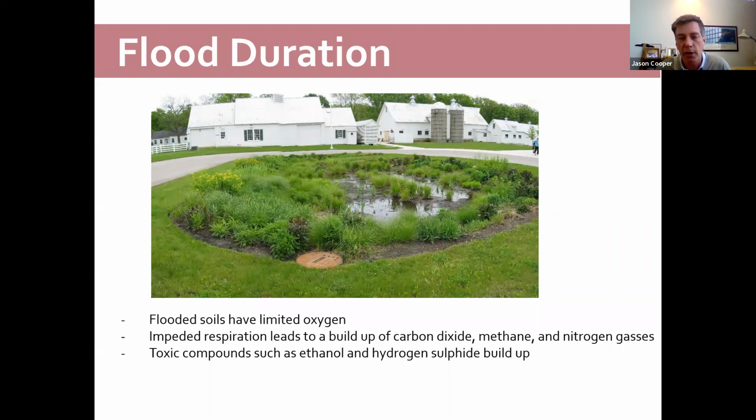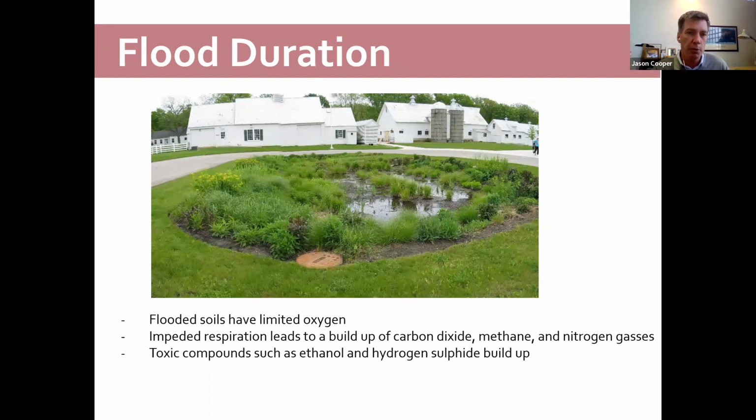So they respire, and the respiration, which is the opposite process of photosynthesizing, releases carbon dioxide, water, and heat. And they'll respire through their roots to differing degrees. And when water is built up in the soil, you'll get noxious compounds and gases building up around the roots, which will damage and eventually kill the plant.